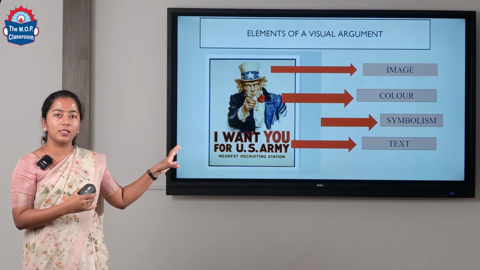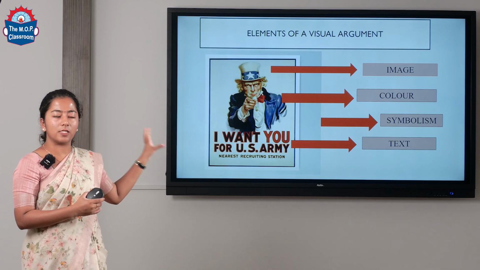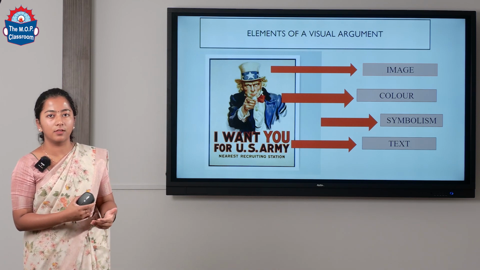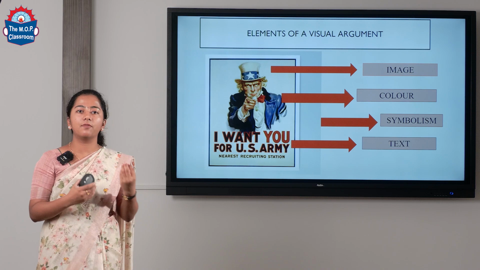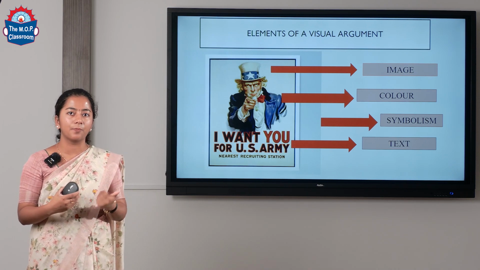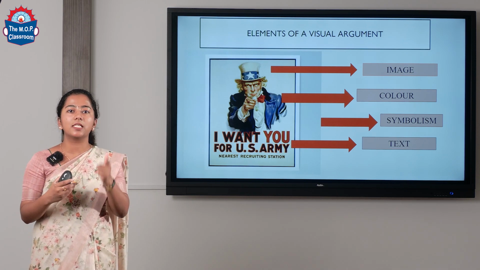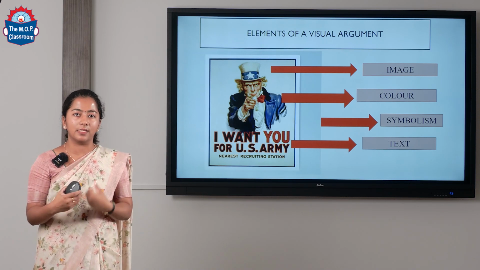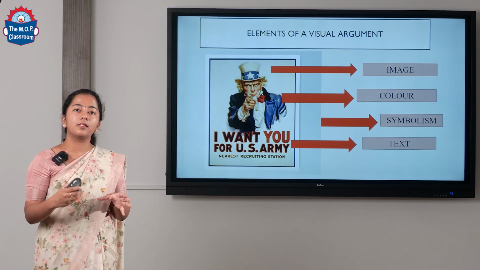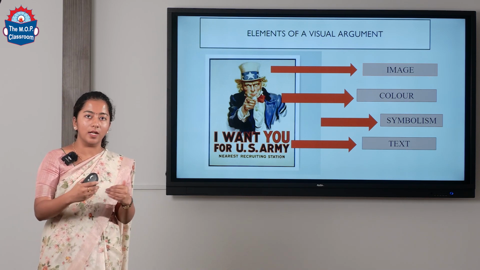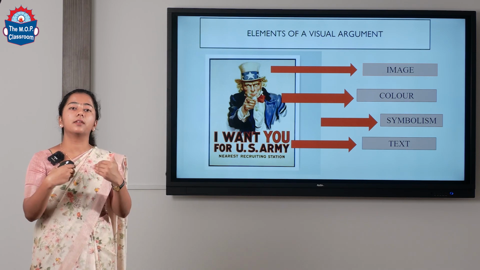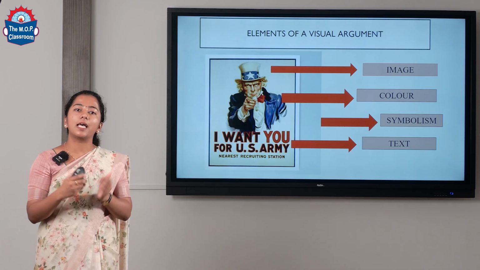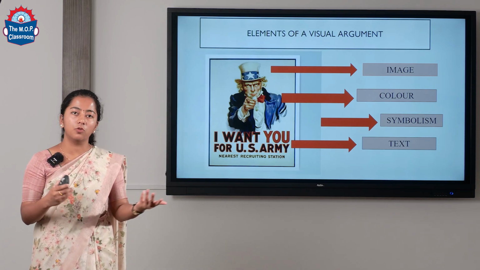Let's look at the symbolism behind it. Observe the expression on Uncle Sam's face. He is not smiling. He has a very serious expression on his face. Look at the gesture that he's making. He's pointing directly towards us, the audience. He's directly addressing us. This is a very serious matter that he's appealing to us for, to sign up for the US Army.